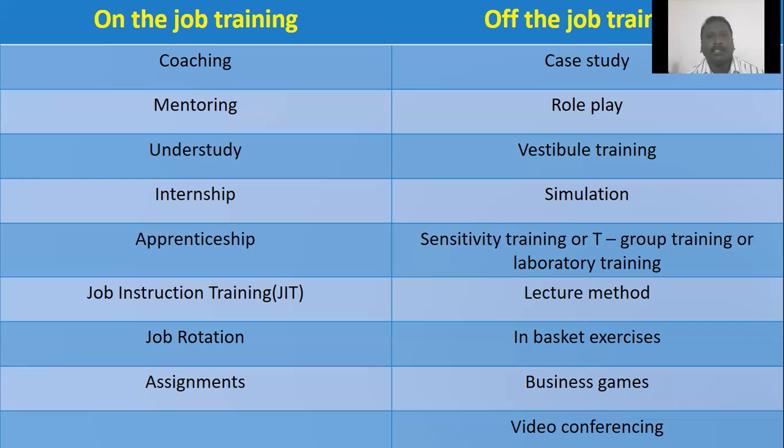Next method is sensitivity training, T group training, or laboratory training. In this sensitivity training or T group training, a group of people will be made part of the trainees, and they are asked to discuss anything.